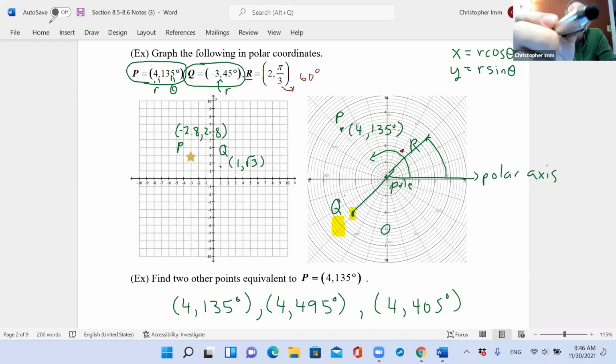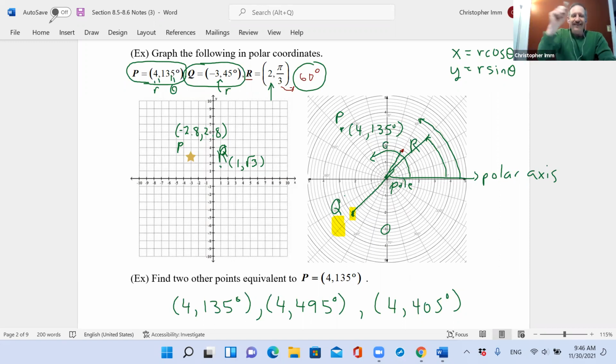Now the next one was plotting R, and Benjamin did that. So if we look at R, it is a distance of 2 from the pole and 60 degrees rotation from the polar axis. So he is going to revolve around here 60 degrees, clockwise, and then he goes out 2 on that axis.